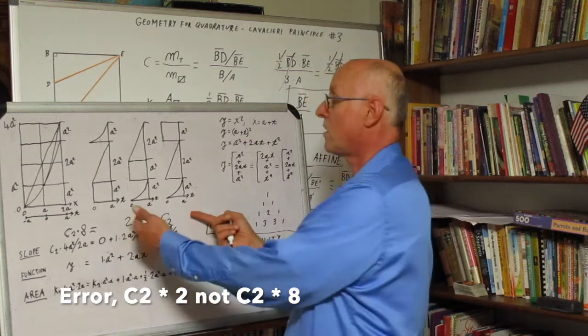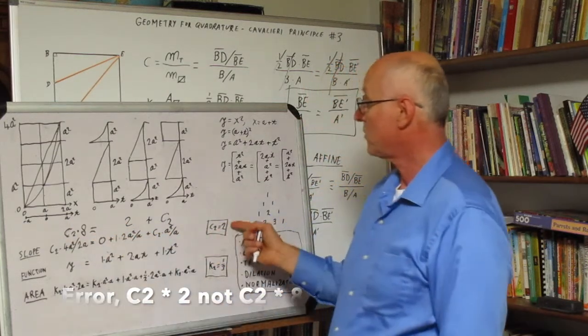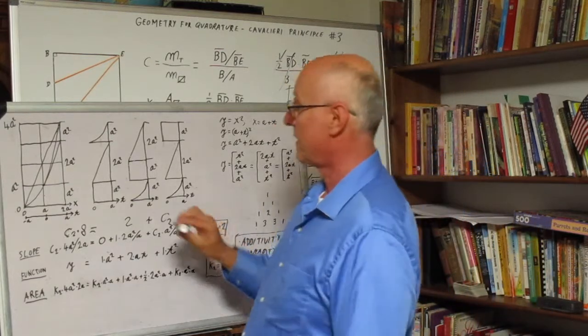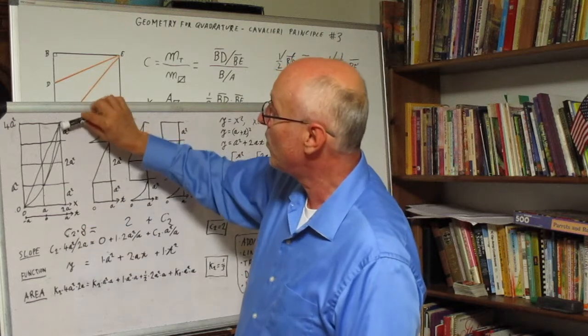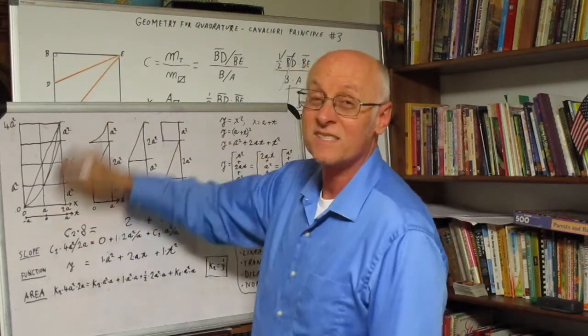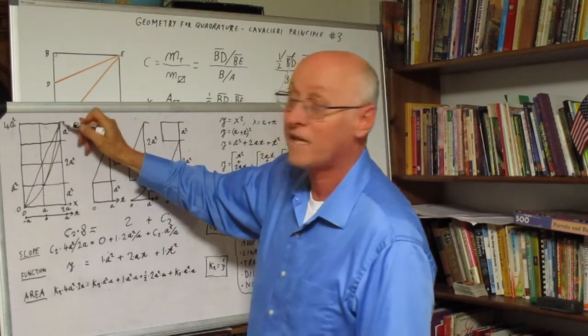And of course, if you solve this, you get one equation, one unknown. You get C2 is equal to 2, exactly 2. We're saying that our invariant here, C2, is 2 for a quadratic. 2 times the characteristic diagonal gives you the slope over here, the tangent slope.